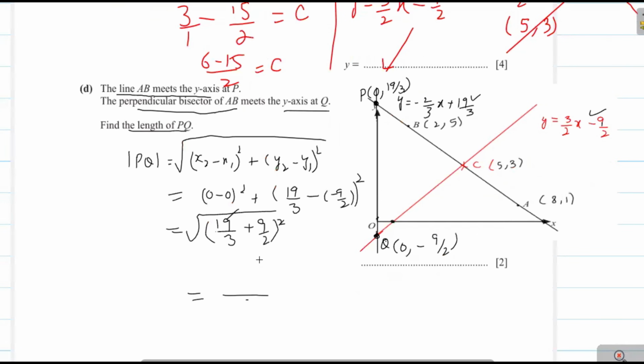The common denominator will become 6, so we write 19/3 plus 9/2, multiplying the first fraction by 2 and the second by 3, and we get 38 and 27. This will be equal to 65/6, and this is the total length of PQ. This is the answer.